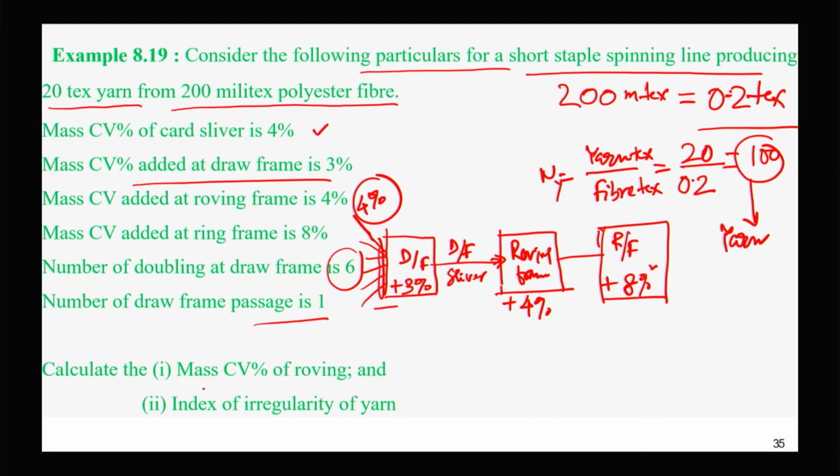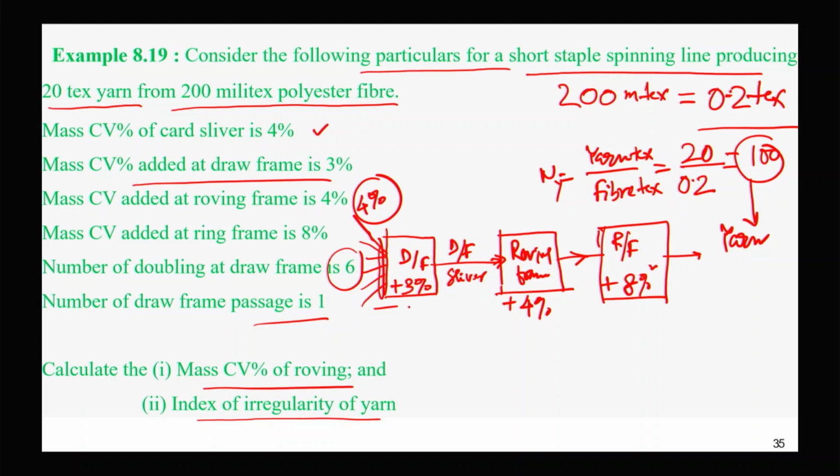So we need the mass CV of roving and the index of irregularity of yarn. The mass CV of roving we can calculate like the earlier numerical.